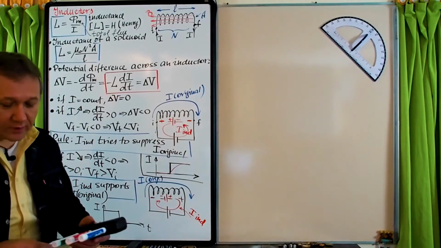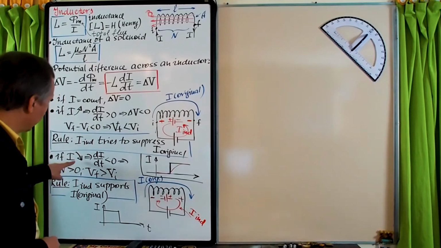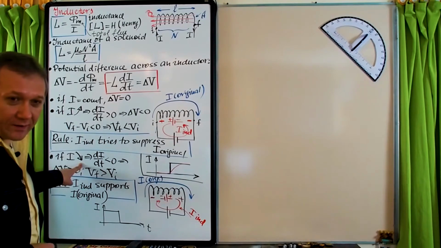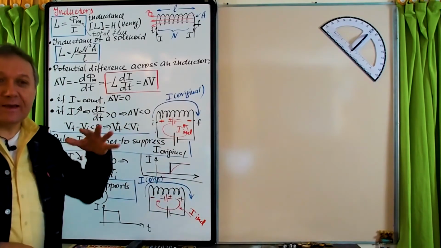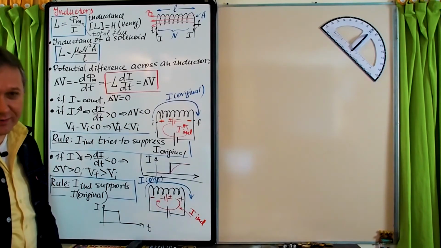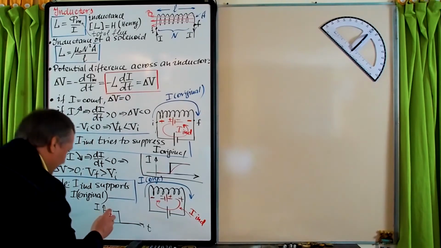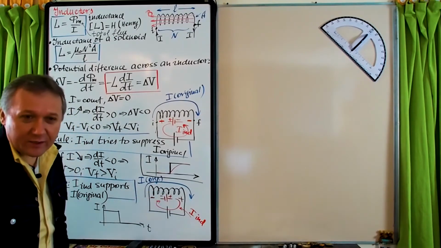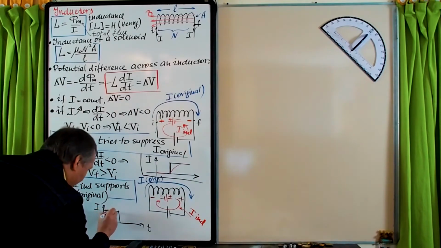Again, any circuit has some amount of inductance, and all that inductance, if it feels that current is dying, will produce the corresponding potential difference and start driving induced current in the same direction as the original current to support dying current. And again, at the expense of the energy stored inside of the solenoid. Right, so as a result, current will behave something like this.